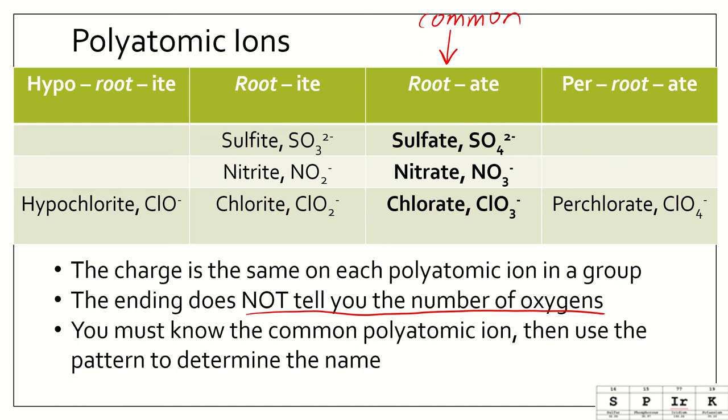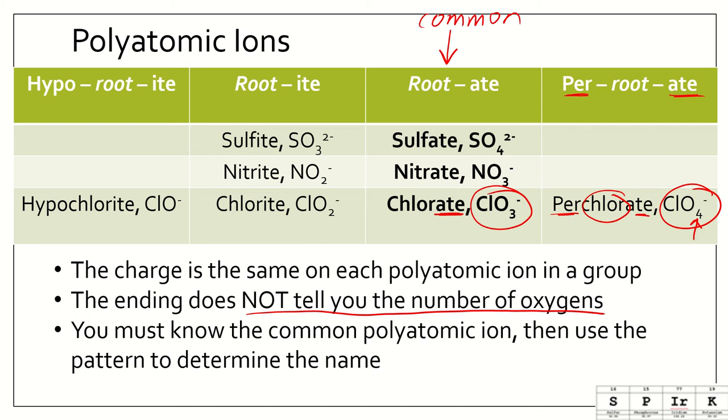The last one that we do run into is when there are 4 different forms. So for example, here we have chlorate. So you need to know that chlorate means ClO3-. And perchlorate implies 1 more oxygen, so ClO4-.